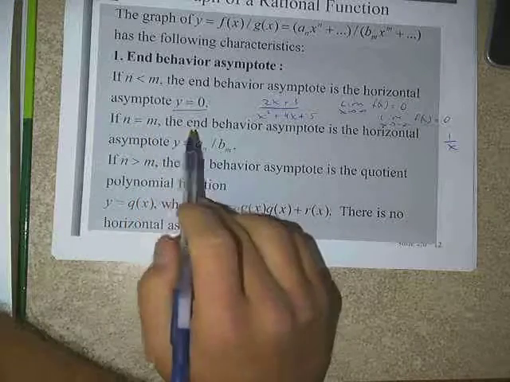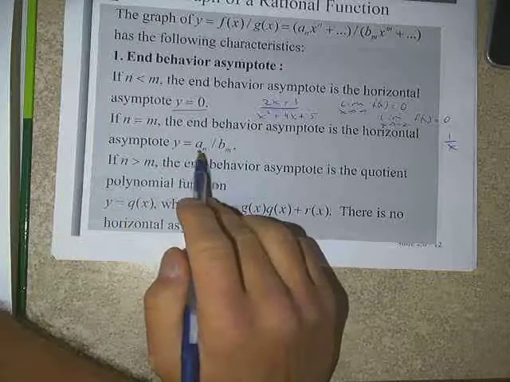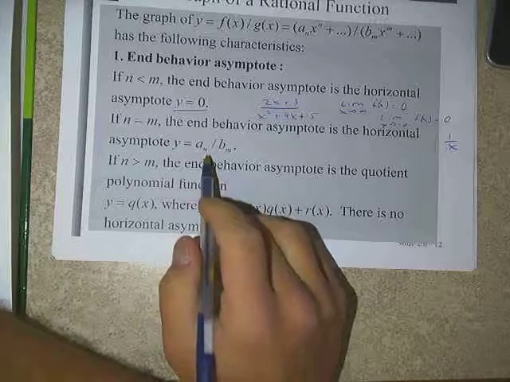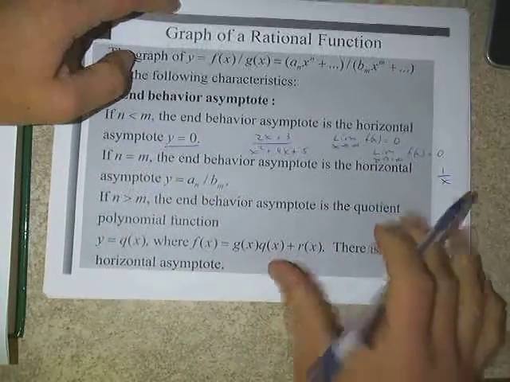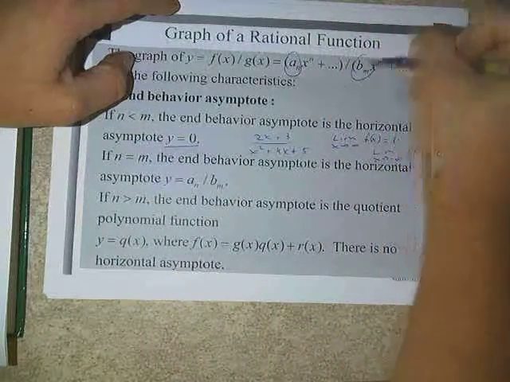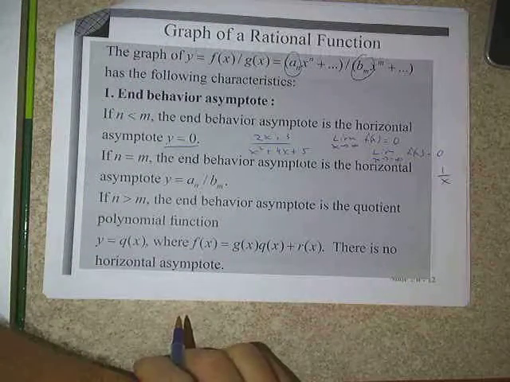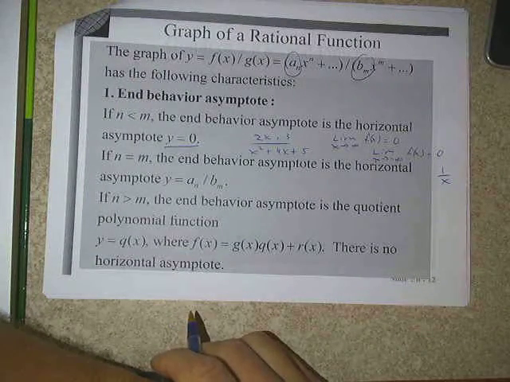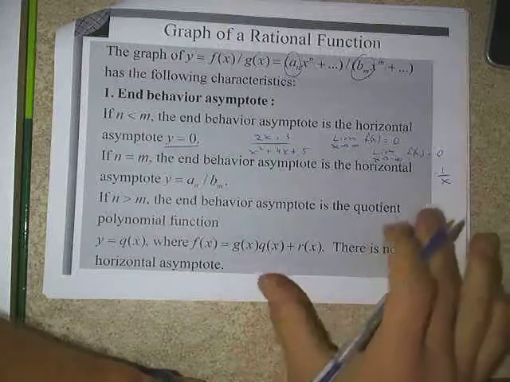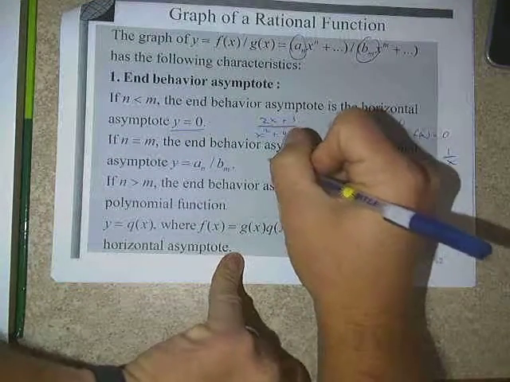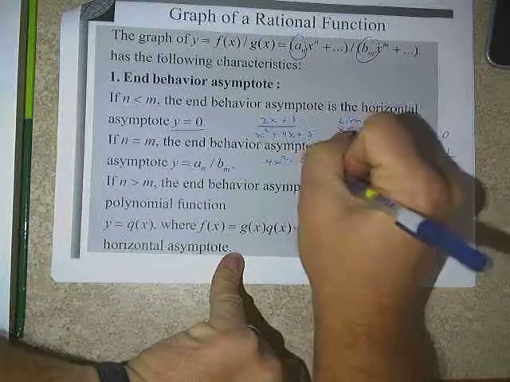Now, if n and m are equal to each other, then the end behavior asymptote is a horizontal asymptote, and it is y equals a sub n over b sub m. And notice, what are those two things? a sub n and b sub m are the leading coefficients.